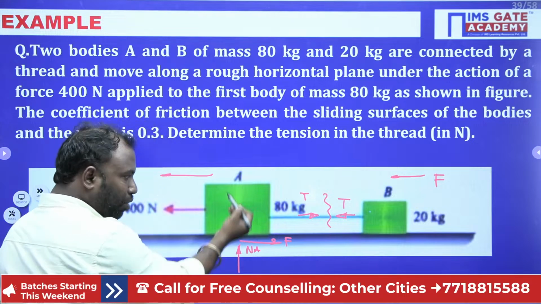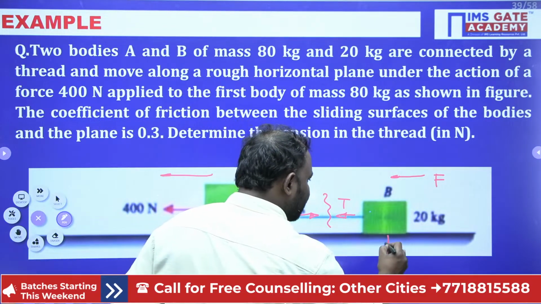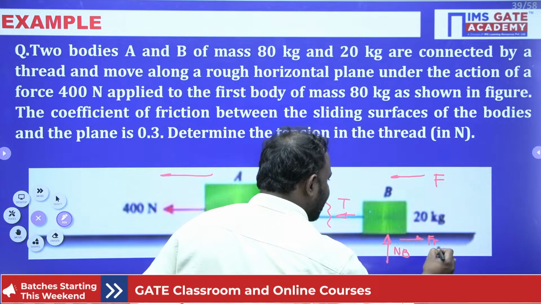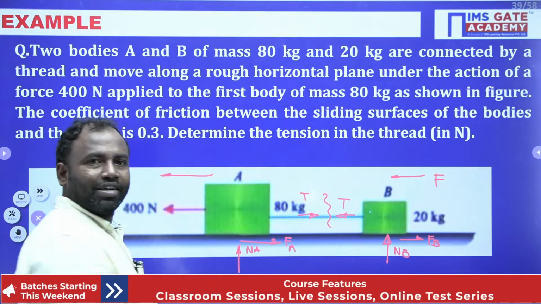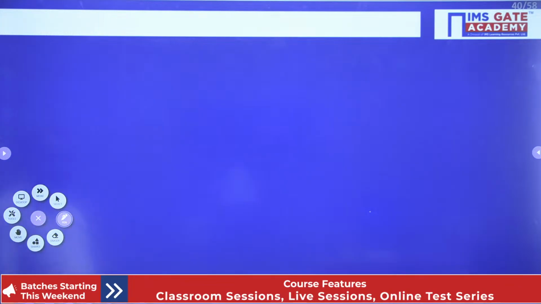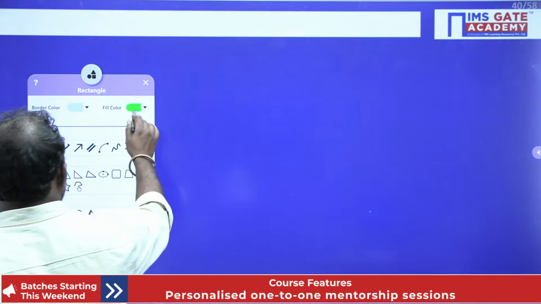Normal force on body A, N_A, normal force by the floor, N_B, and your friction force F_B like this. This is F_A, isn't it, guys? So draw the separate free body diagrams of these two and we will solve the problem.